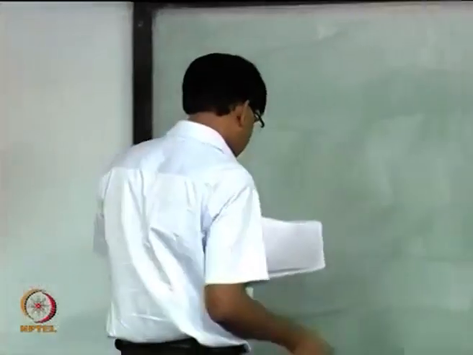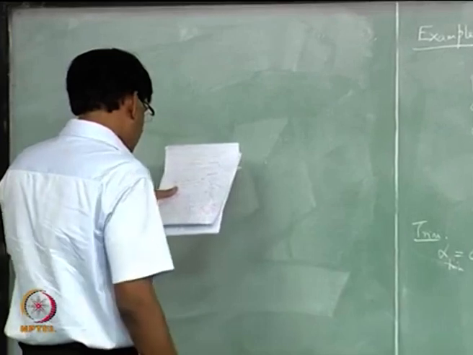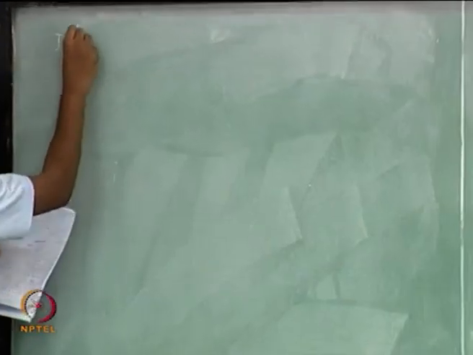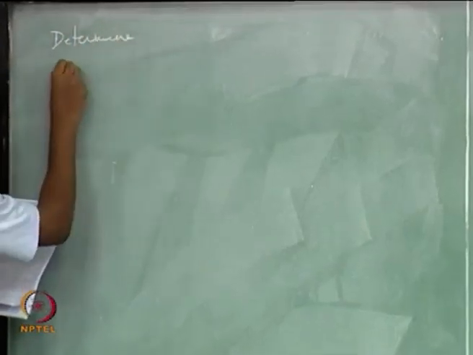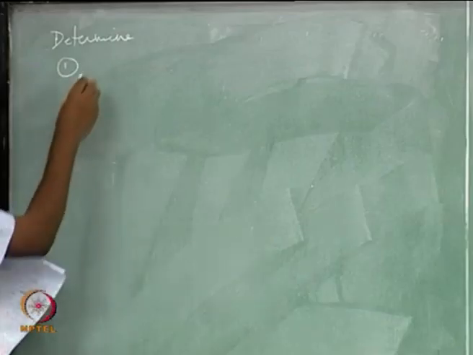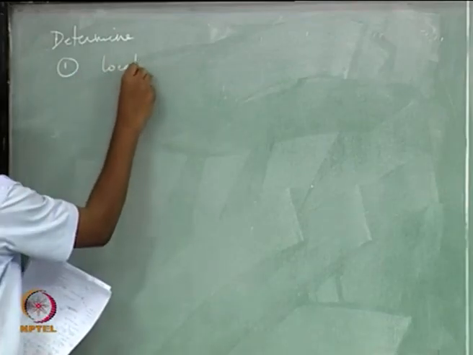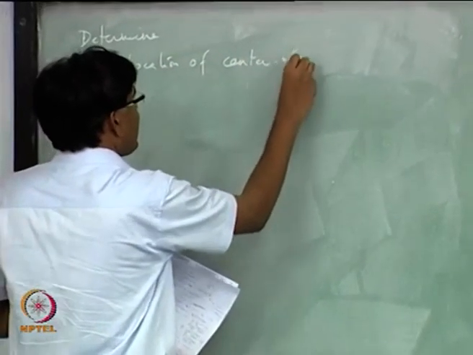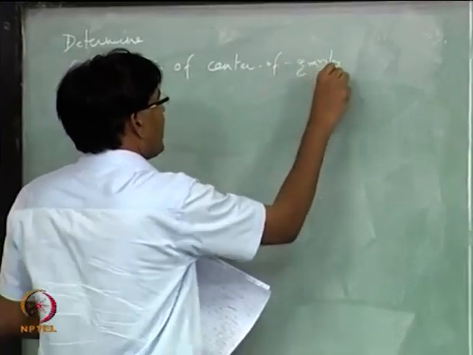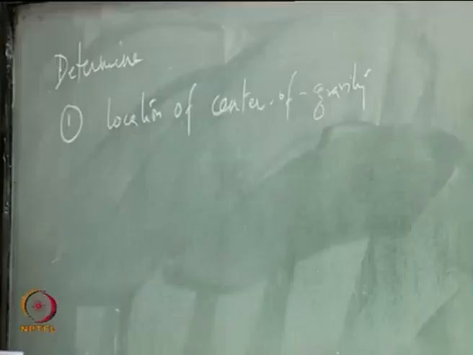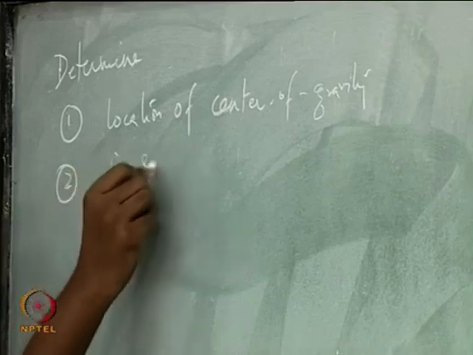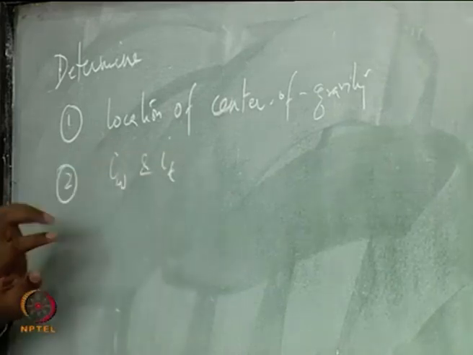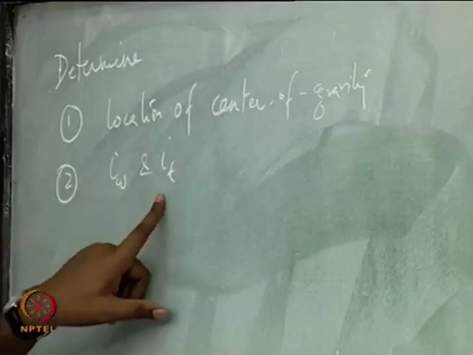So, all that we are assuming, and the problem is to determine one location of gravity CG, the wing incidence angle and the tail incidence angle, right.